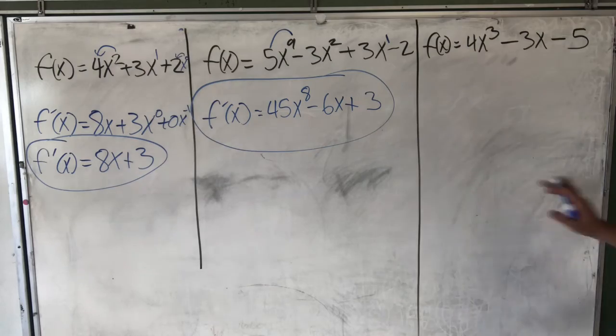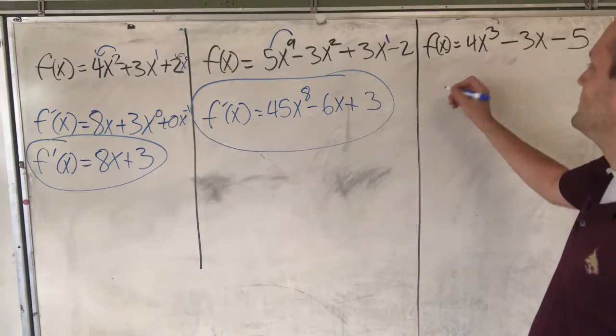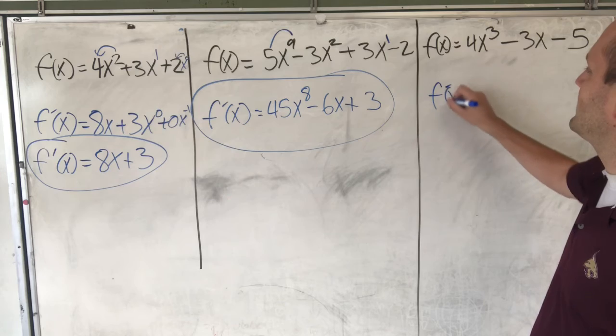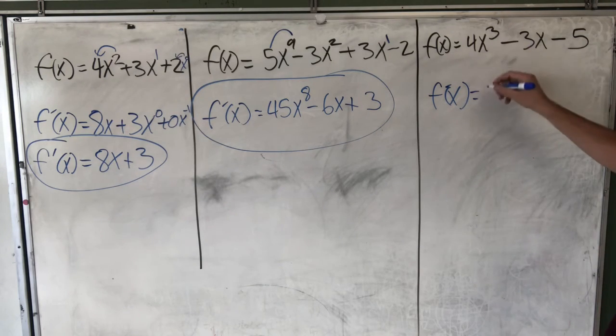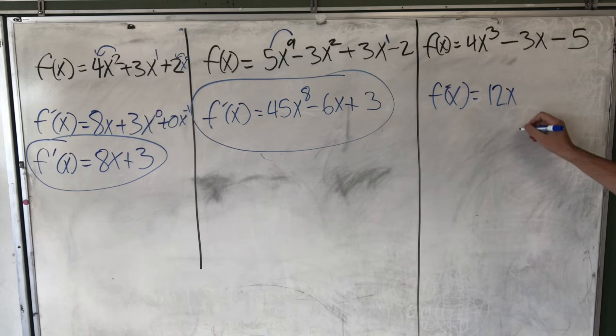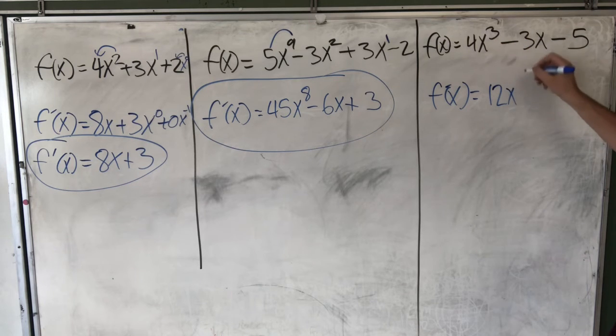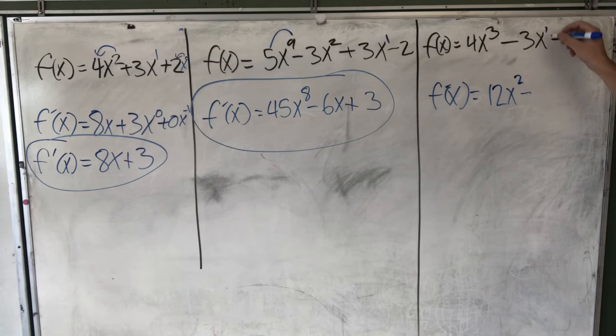Okay, you should have paused the video. I'm going to show you how to do it real quick. We've got f prime of x equals, let's figure this out. We've got 3 times 4 is 12x squared, remember it's 1 less, minus 1 times negative 3 is just negative 3.